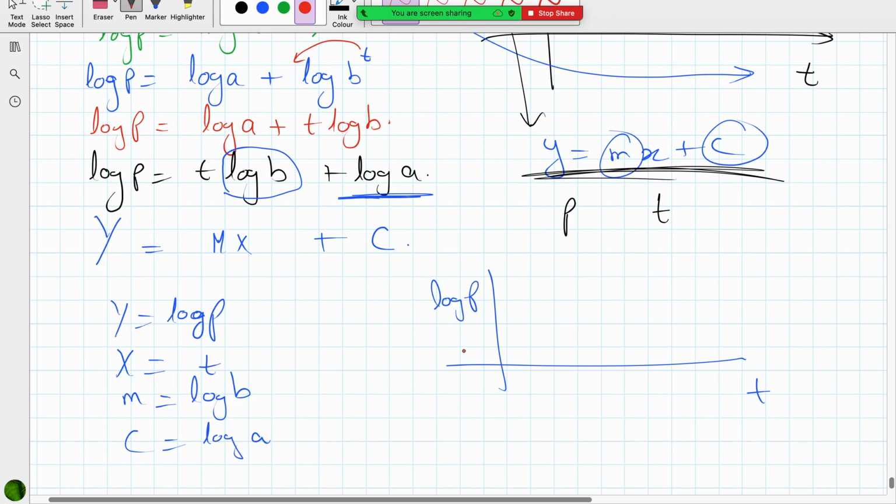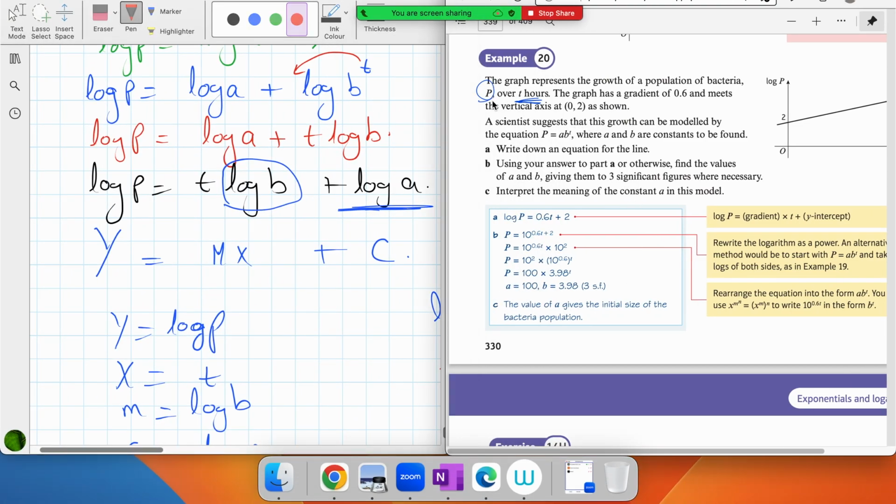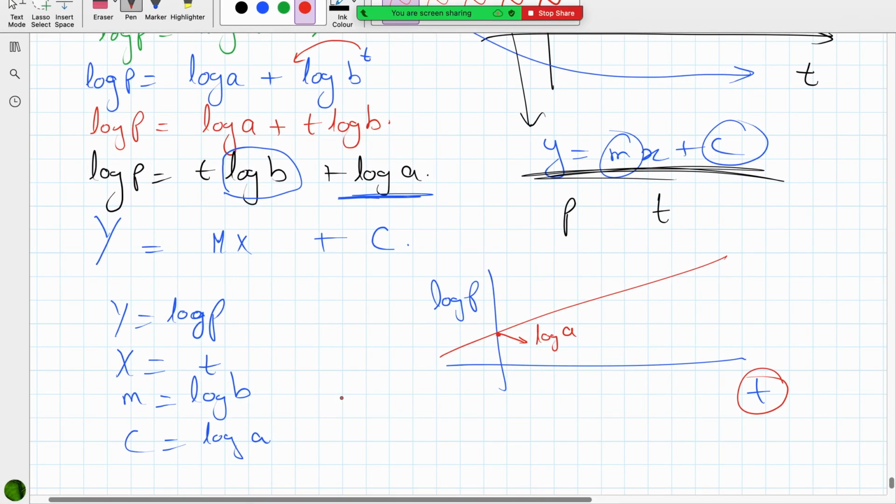So when we sketch this line, this y-intercept is log of A, and the gradient is basically log B, because the question stated that we are drawing a graph between P and T. So B is basically the constant. Gradient of this line will be log of B. So we have everything, y equals mx plus c.